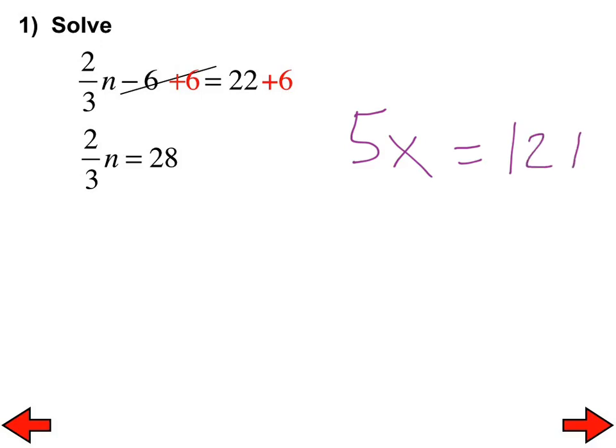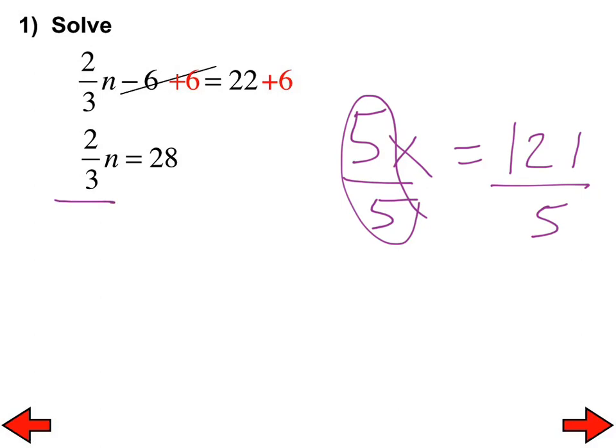If I'm solving 5x equals 121, I want to divide both sides by 5. Several reasons. One is because 5x means 5 times x, and the inverse operation of multiplying is dividing. The other reason is because, remember, we talked about trying to make 1 right there. Well, that's the same idea that we use when we go about trying to solve 2/3 n equals 28.